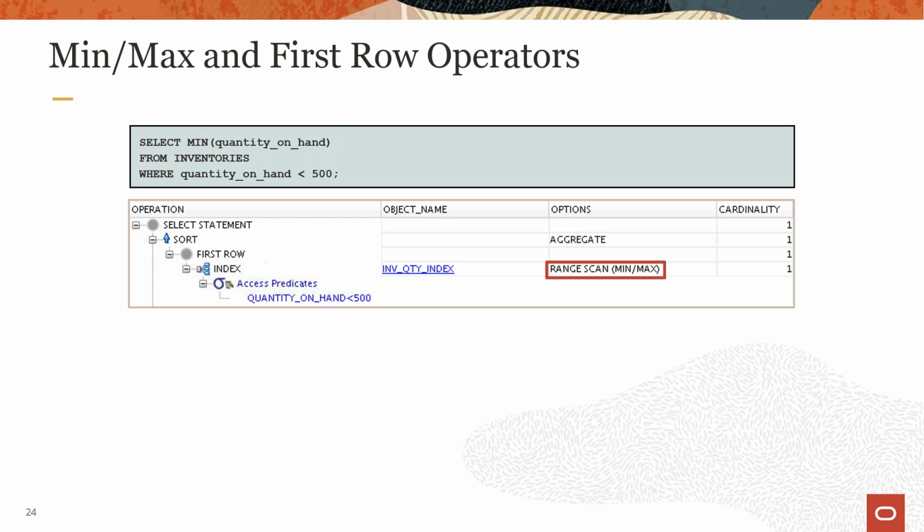So if you ask to find the min or the max value in a column, and that column is indexed, it only has to read the first or the last value stored inside the index to know the minimum and the maximum value. And this will pop up as the operator first row, min-max operation.